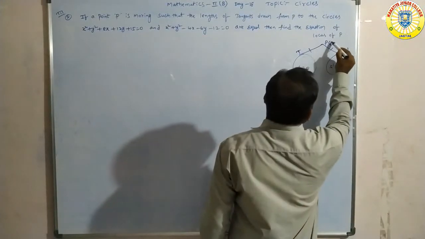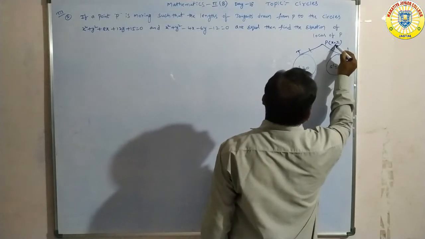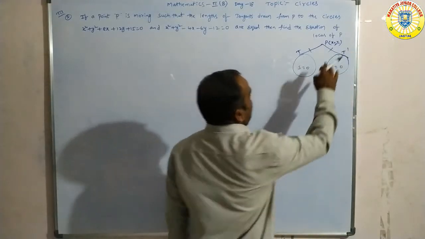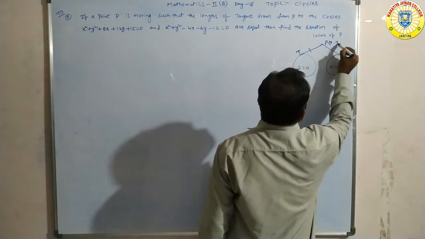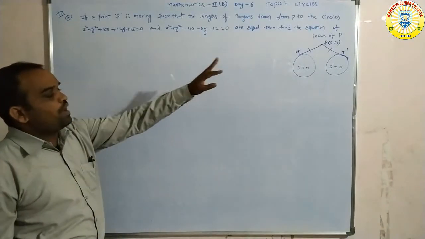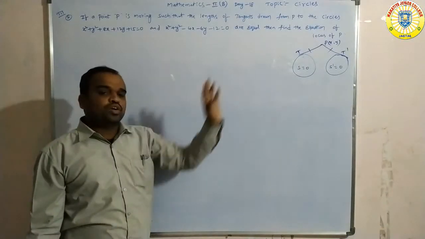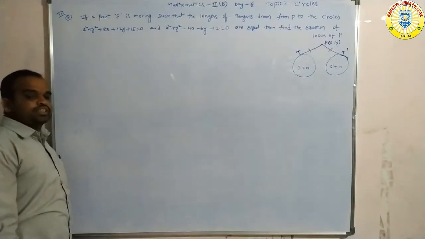Here P, we are taking x1 comma y1, otherwise x comma y, both are same. Here x comma y is a point on the locus. Locus means from that point the length of the tangents to both circles is equal. Already last class we discussed this one.